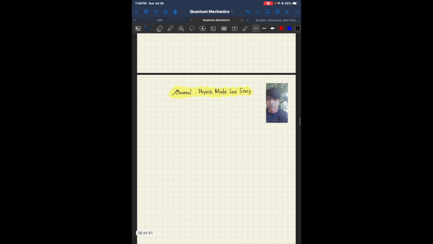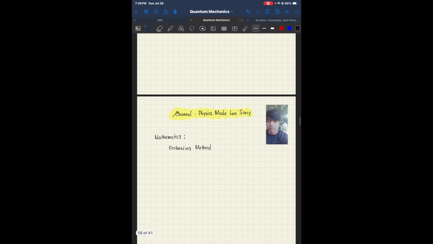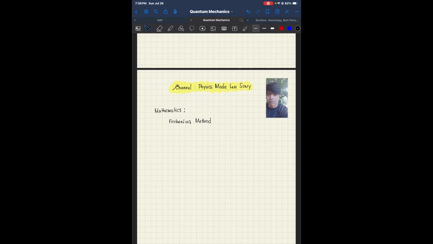This is crucial now. This is maths again. This is called the Frobenius method. It instructs you to solve this differential equation using a power series. What do you mean? You assume that the solution that you're looking for, this h of psi, is of this kind.